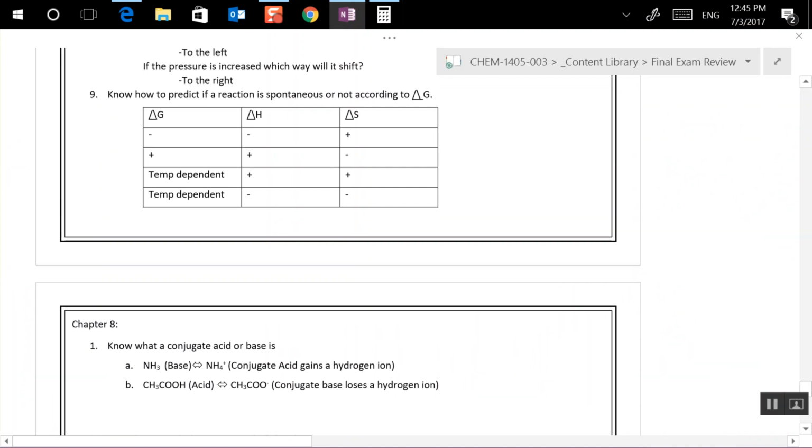Conjugate acids? Conjugate bases? So, HSO4 minus? What is the conjugate acid of HSO4 minus?